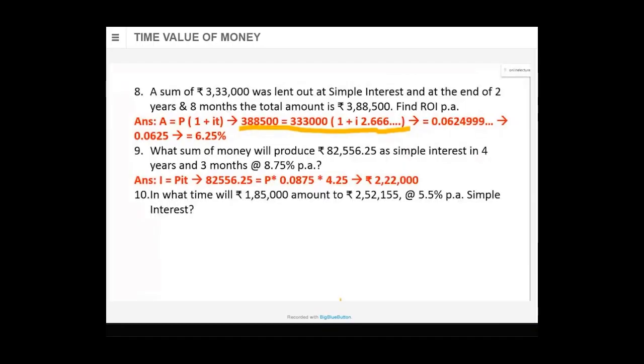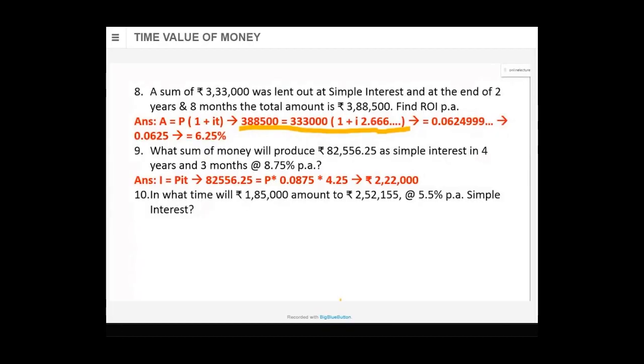Next. In what time will 1,85,000 amount to 2,52,155 at the rate of 5.5% per annum simple interest? First, you tell me what is 1,85,000 in notation form. What is 1,85,000?